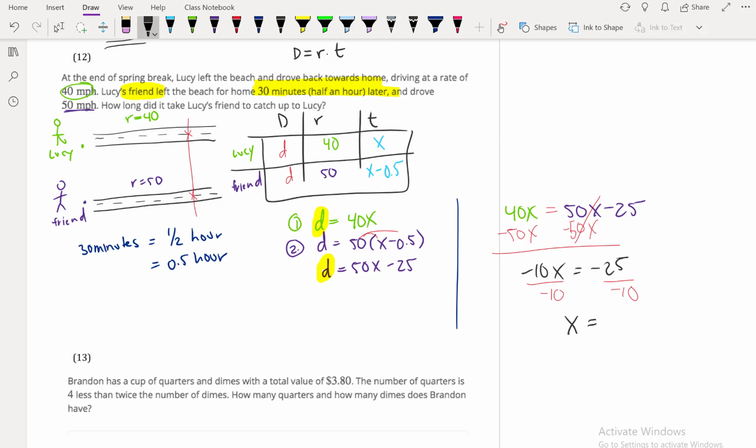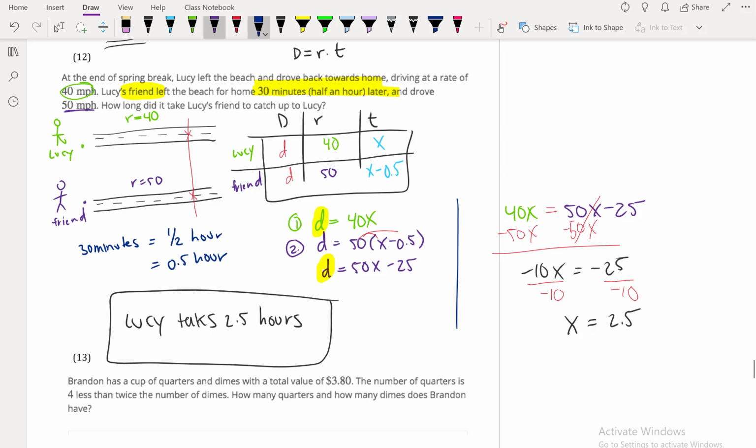So x is equal to negative 25 divided by negative 10, which gives 2.5. Remember that x represented the time that Lucy goes. So Lucy takes 2.5 hours.